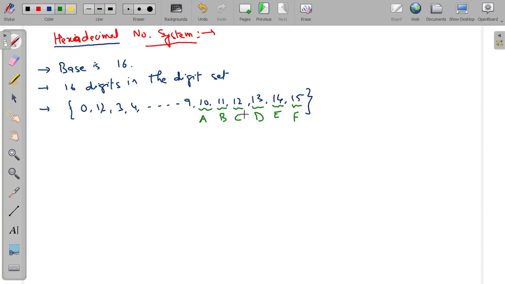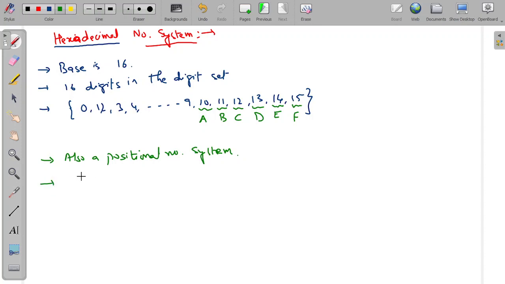Here the radix point is known as the hexadecimal point. This is also a positional number system, that is, the weight is defined for each digit in the number, and this is one of the most commonly used number systems in microprocessors.